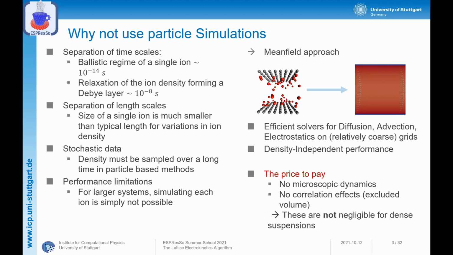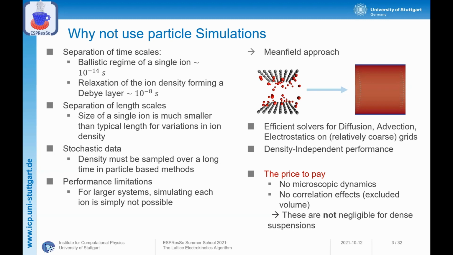And the grid sizes needed to resolve this problem are typically much larger than the size of a single ion, because the density variations are often on a longer length scale than the size of a single particle. Also, if you want to have many ions in the density, that just means that your number is larger. That doesn't have anything to do with the computational time that you need to solve your equations.